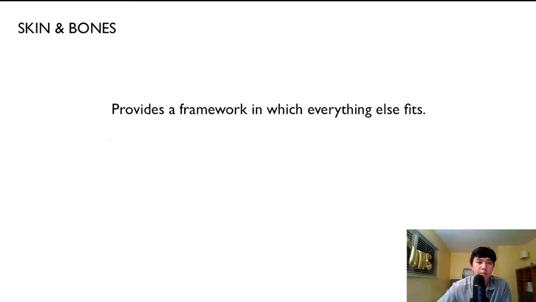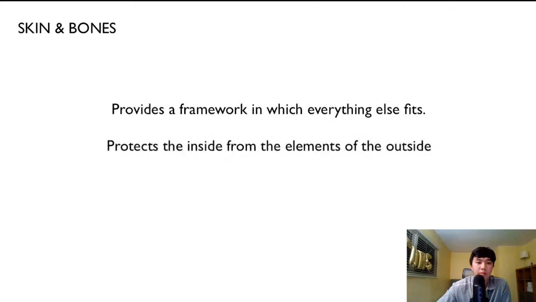Now, the other thing your skin and bones do is they protect everything on the inside from everything on the outside. So, for instance, when someone hits you or when you fall, your heart doesn't fall out of your body, right? It's held in by your rib cage and then your skin and your muscles. And so your skin and bones provide protection from all of those elements.